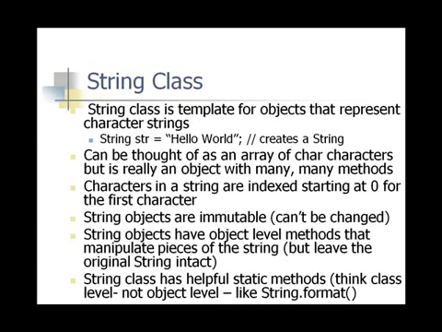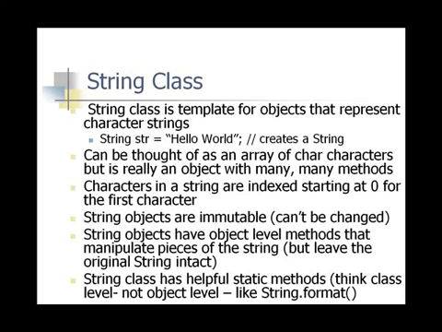So the first character is always index number 0, and a 10-character string would go from 0 to 9. We should remember that string objects are immutable. Once you make a string, you actually can't change it. That's going to be counterintuitive, but that's the way strings are. We'll see later StringBuilder and StringBuffer are actually mutable or changeable strings.